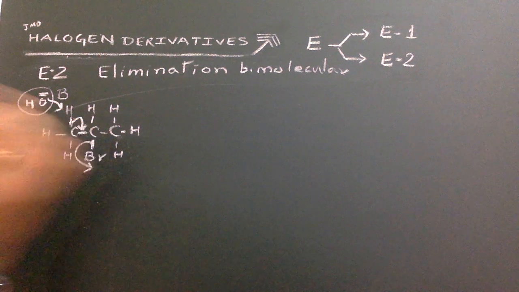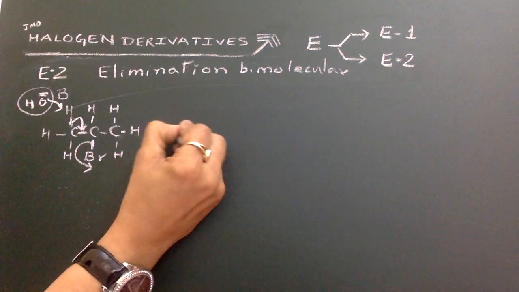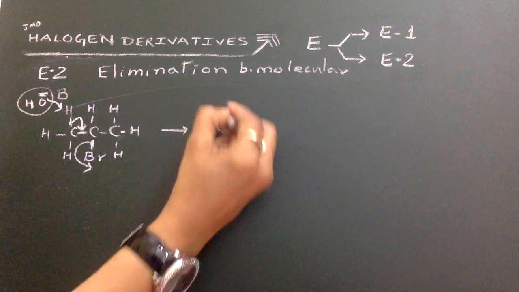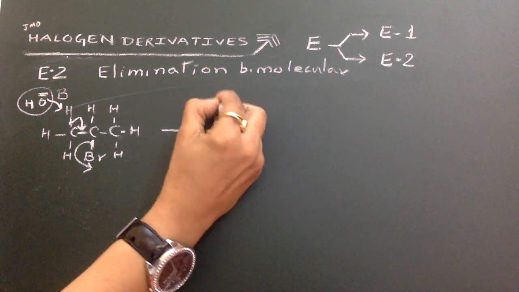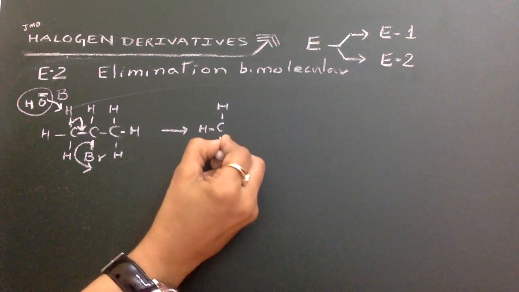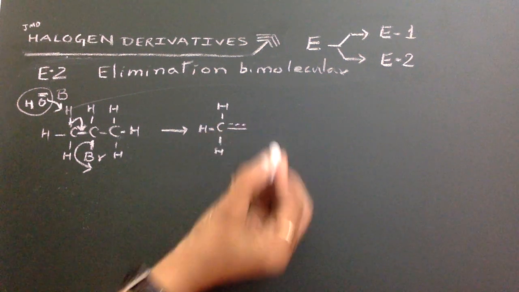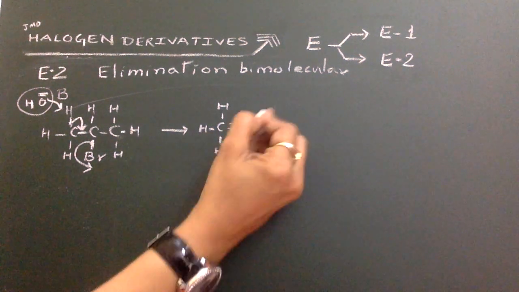Each bond has 2 electrons. So what we get is something like this. We go stepwise because I'm telling you the mechanism now. See this point, partial double bond character I have shown.